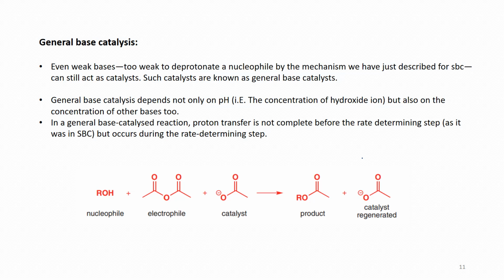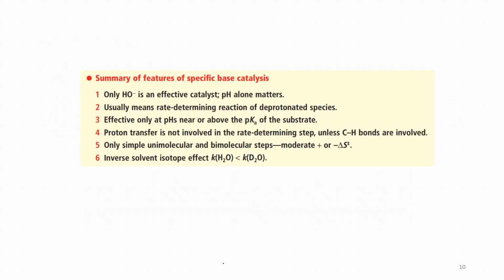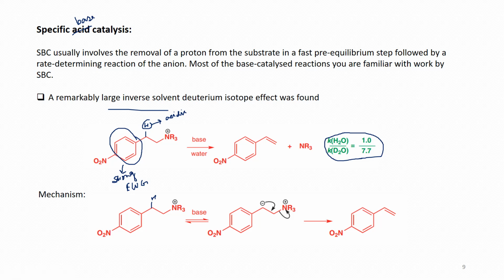So even weak bases, which are too weak to deprotonate a nucleophile by the mechanism we have just described in case of specific base catalysis, where this proton gets deprotonated forming this carbanion.